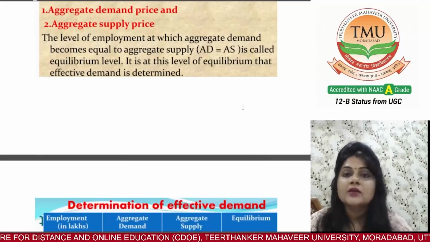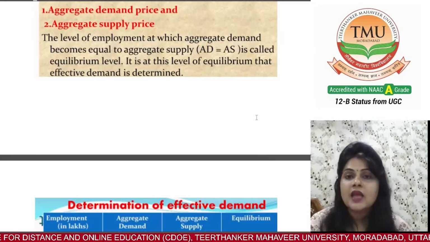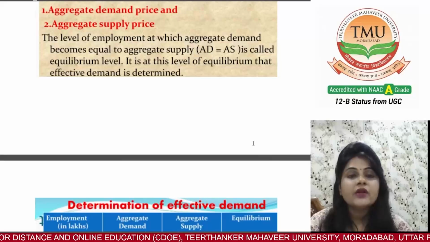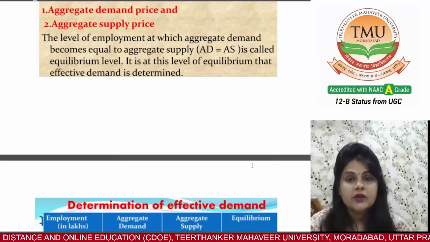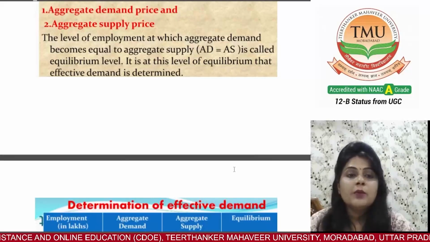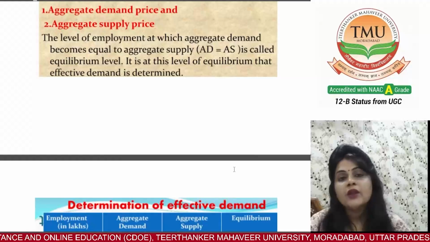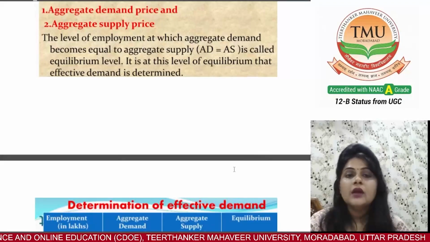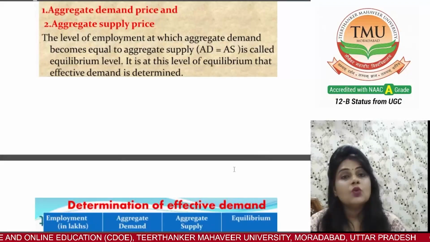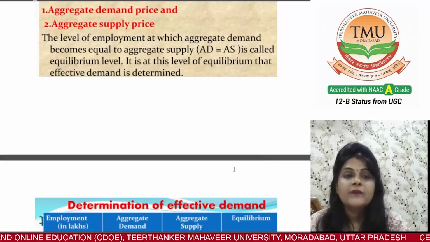It is at this level of equilibrium that effective demand is determined. The level of employment is determined at the point where the aggregate demand price equals the aggregate supply price.